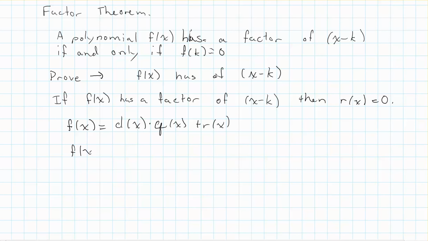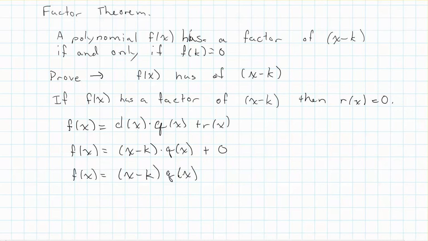So f at x is equal to x minus k times my quotient, which I don't know, I don't care, plus, well, r at x is 0. So that means I can write f at x is equal to x minus k times q at x.